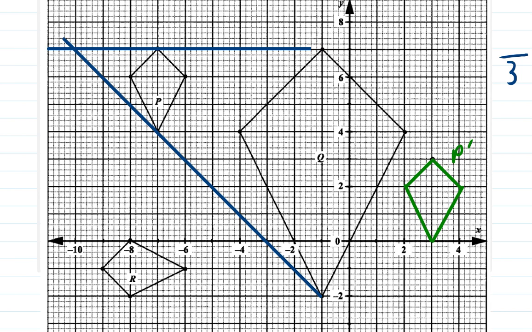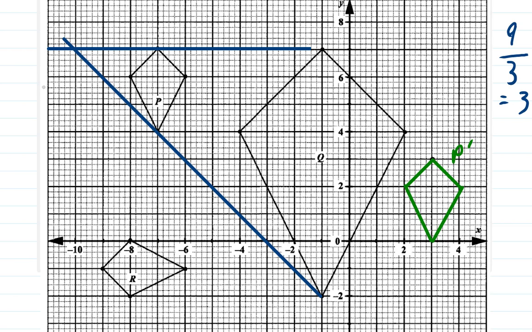So the scale factor would be 9 divided by 3, right? Distance to the image divided by distance to the object. That means each side of Q is 3 times longer than each side of P, because 9 over 3 is equal to 3.